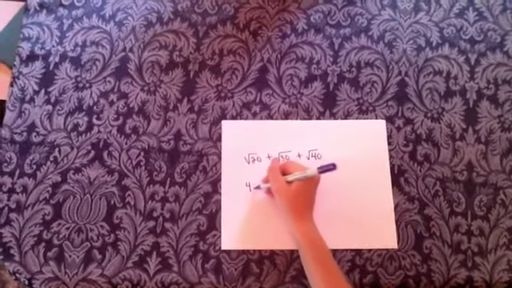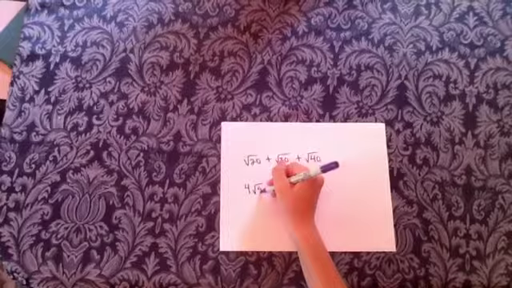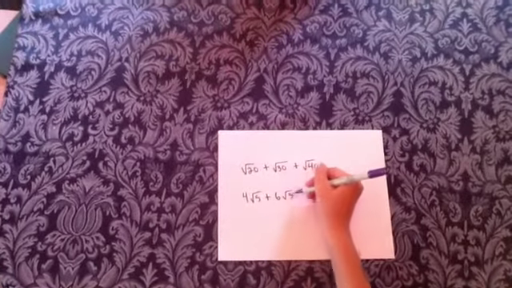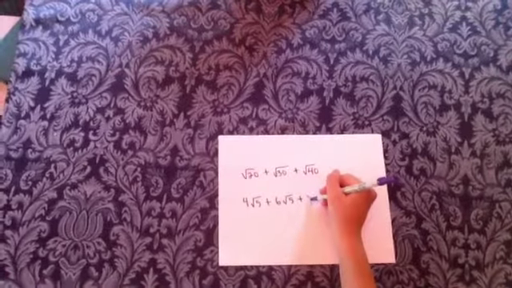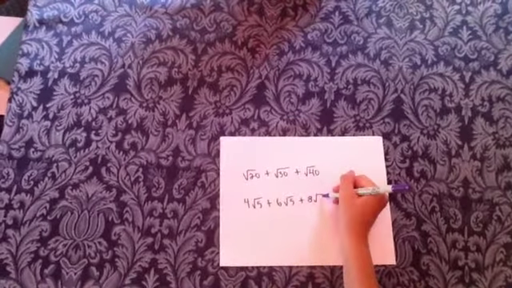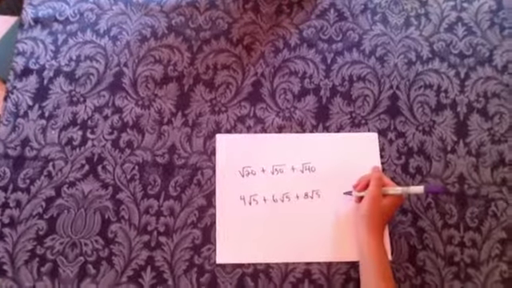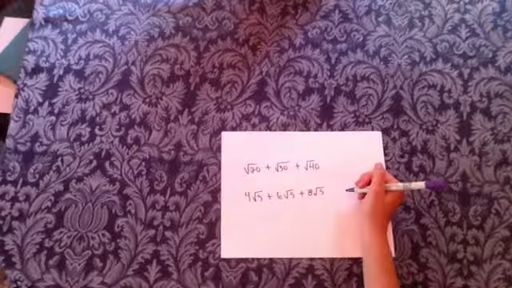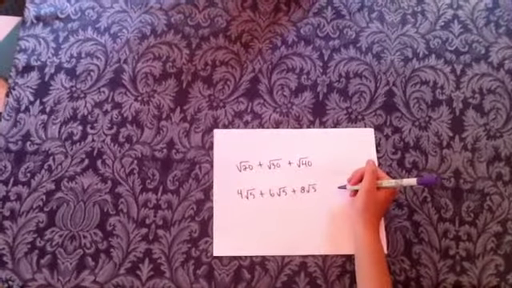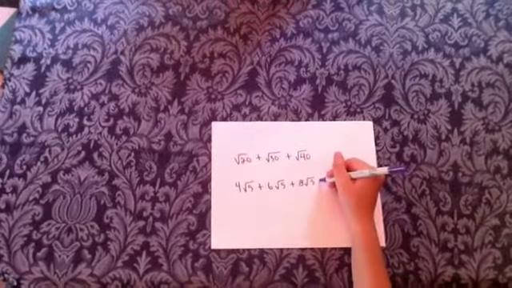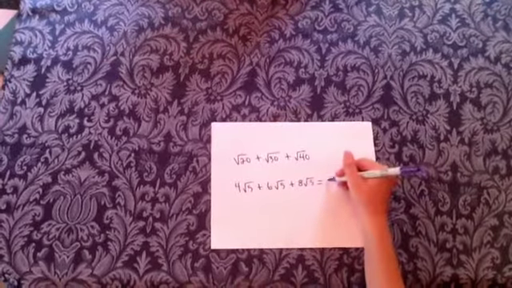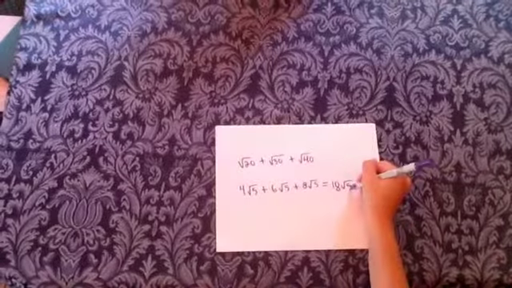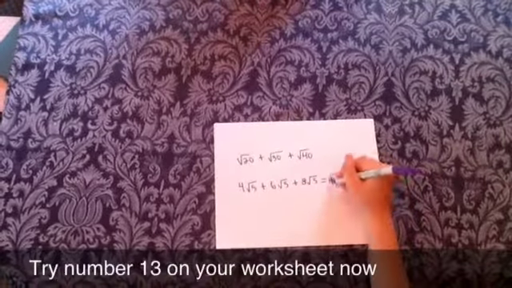Let's try 5. 4 square root 5 plus 6 square root 5 plus 8 square root 5. Great! Now let's simplify some more. Now, because all the roots are 5, you can keep the root in the answer 5 and just add the three numbers outside of the root together. 18 square root 5. Excellent!